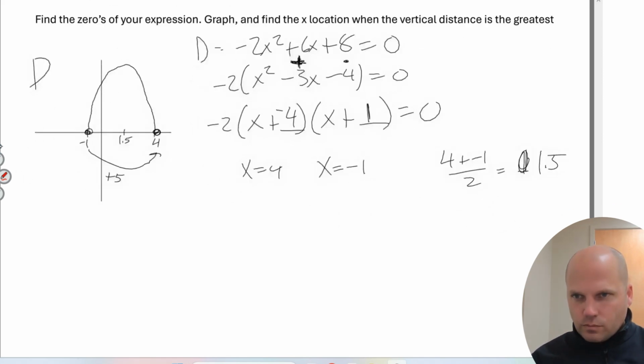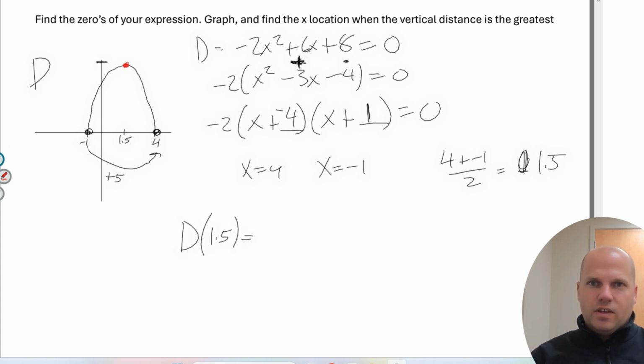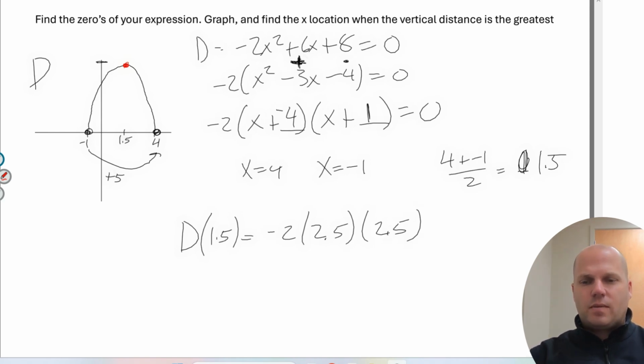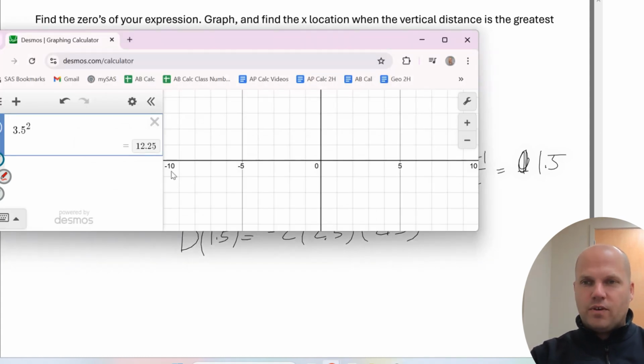Now, what is that length? Well, you have to find the distance at 1.5. I would use a calculator to do that. It ends up being negative 2 times 2.5 times 2.5, so that's negative 2 times 6.25, which is 12.5.